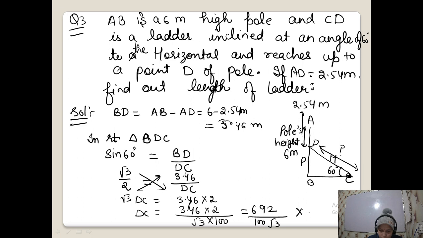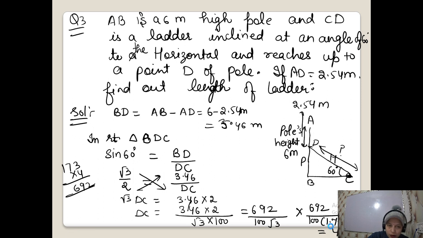Now you can put the value of root 3, that is 1.73, and when we multiply 1.73 with 100, we get 692 over 173. When we divide it, we will get 4 meter, because 173 4s are 692. That's your answer of DC, and it's the length of the ladder.